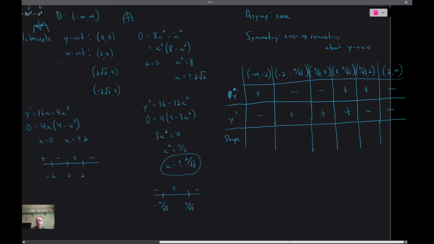So now, what is the shape? Increasing concave down looks like that. Decreasing concave up, that cannot be right. Decreasing and concave up.